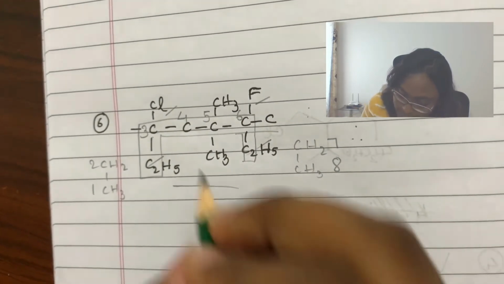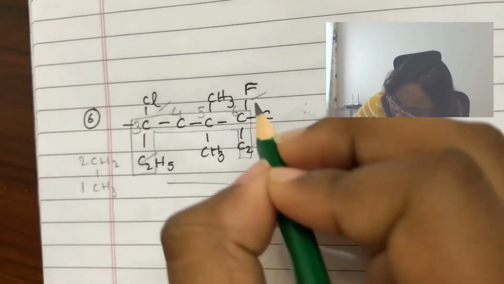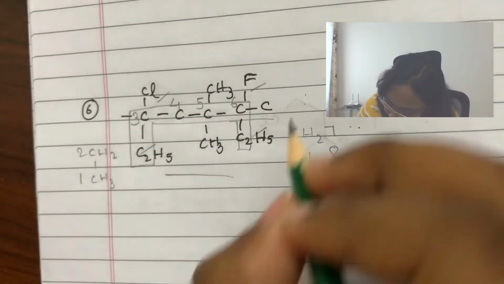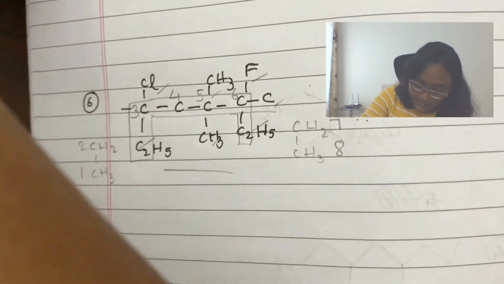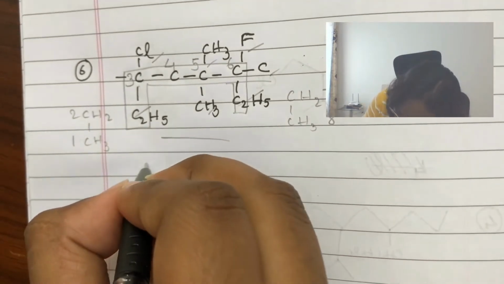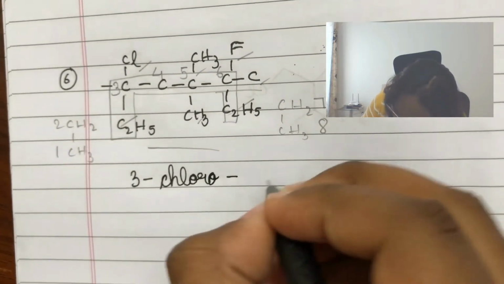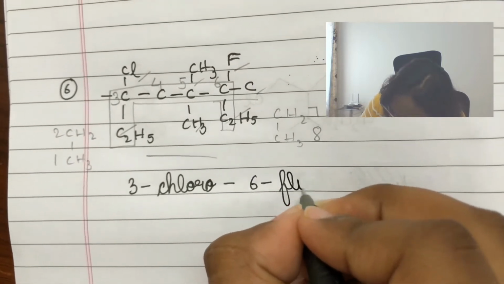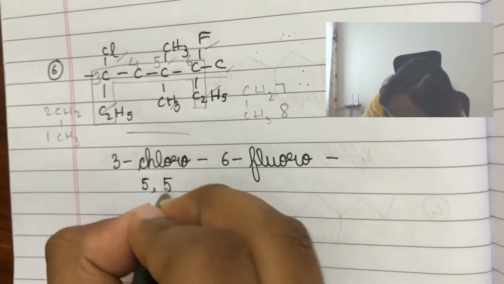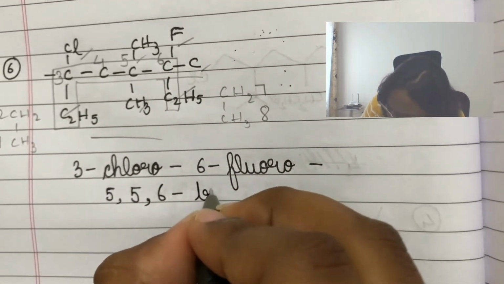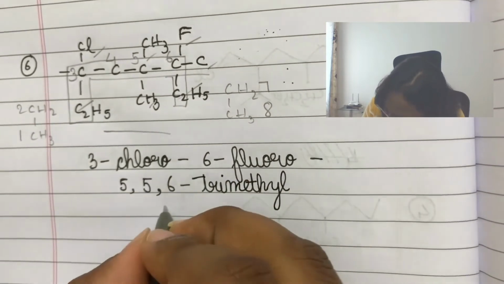And why we've considered the chlorine at a lower number? Because of alphabetical order. And on the fifth and the sixth carbon there are methyl groups, 3 methyl groups in total. Hence the answer for this question is 3-chloro-6-fluoro-5,5,6-trimethyloctane.